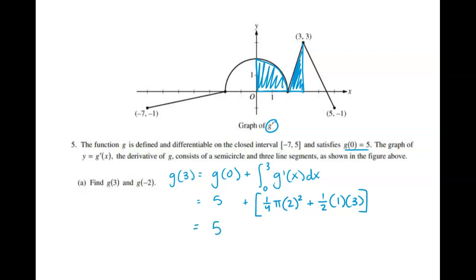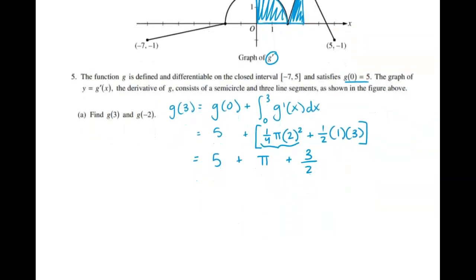So we have 5 plus this right here, simplified to pi, plus 3/2. If we think of 5 as 10/2, we end up with 10/2 plus 3/2, which is 13/2 plus pi. So that's g of 3.